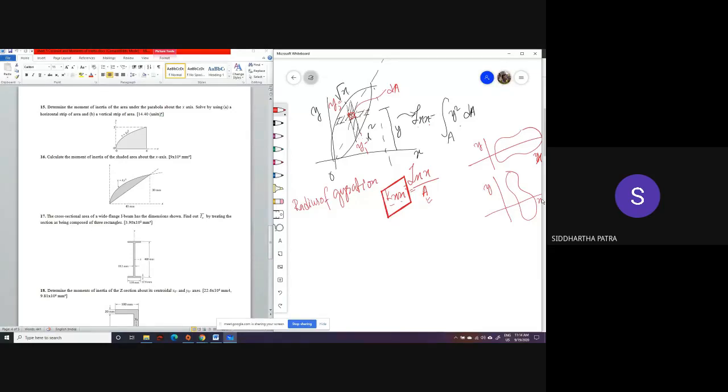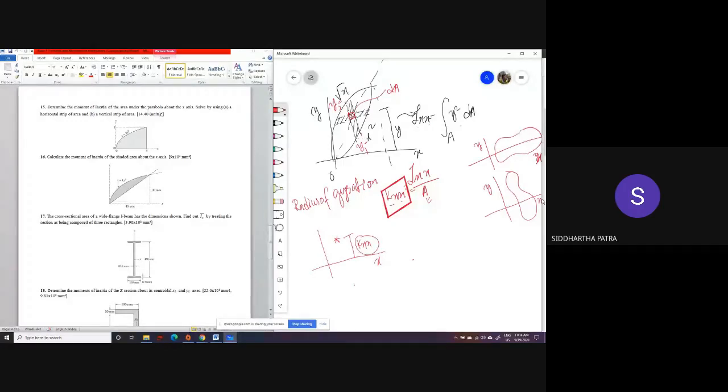And if we go by the literal definition, kxx means that instead of your area having a continuous span, if it were to be concentrated at a point, how far that point should be from the x-axis to give you the same area moment of inertia is what is known as the radius of gyration.